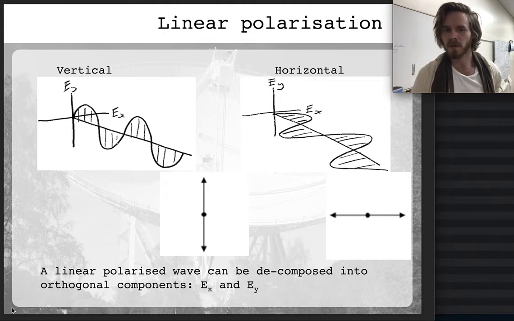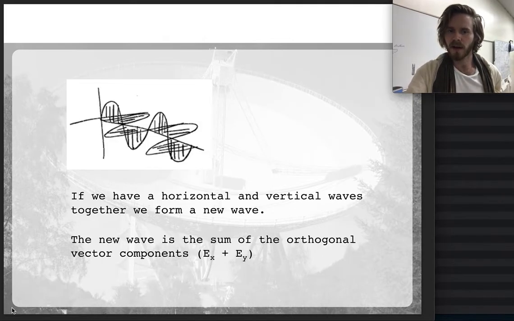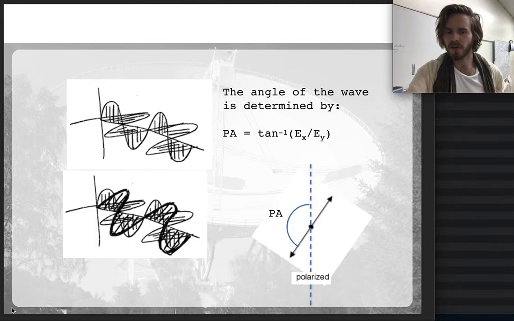And sometimes people will call these X and Y or V and H. It means the same thing, but the point is it's a linear polarization in one plane, and these two planes will have 90 degrees between each other. So they're orthogonal.